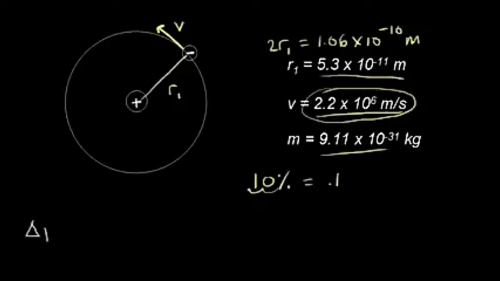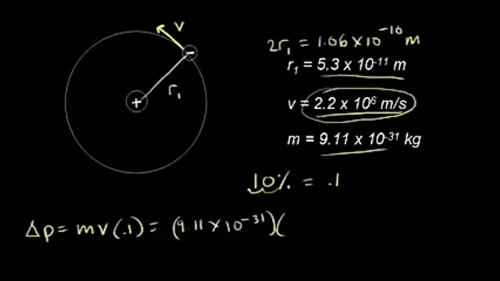If I want to know the uncertainty in the momentum of that electron, momentum is equal to mass times velocity, so we take the mass times the velocity and multiply this by 0.1. So let's go ahead. The mass of the electron is 9.11 times 10 to the power negative 31.